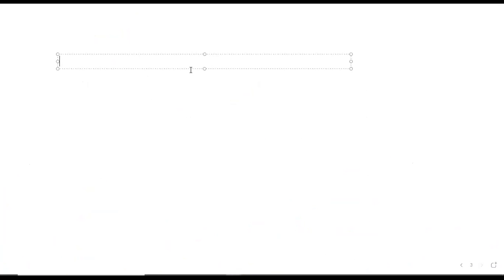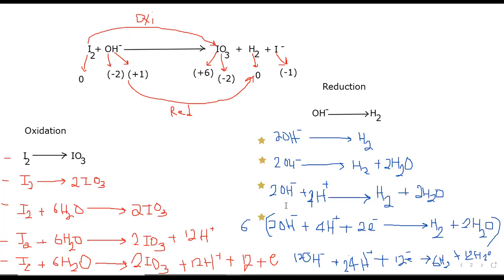Okie dokie. Then we can now bring our reactions together. I think I want to be a little bit more neat this time round. So we have I2. Okay, so let's use our red pen. So we have I2 plus 6 molecules of water.